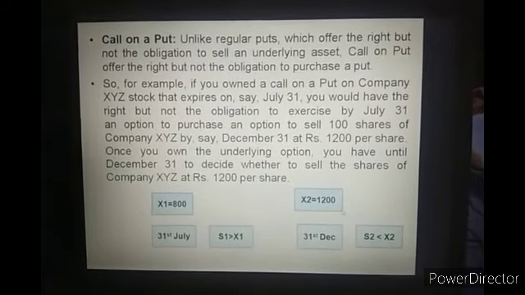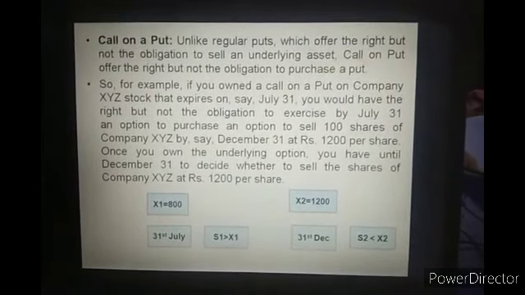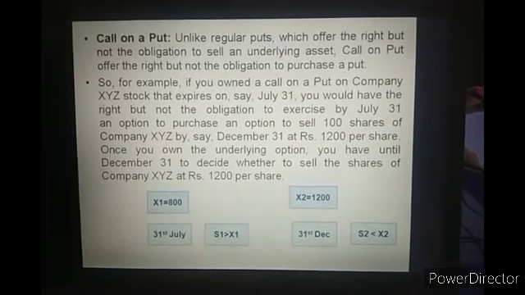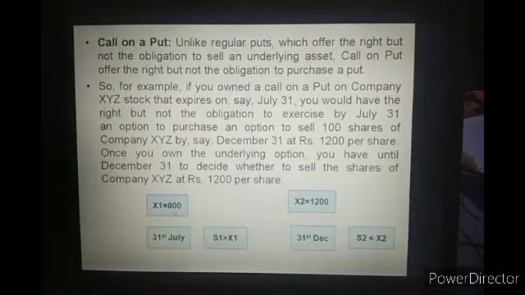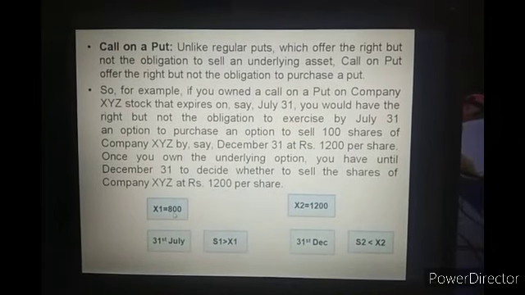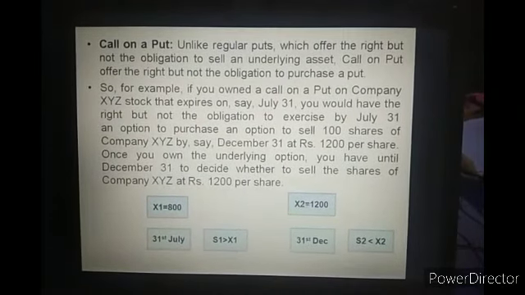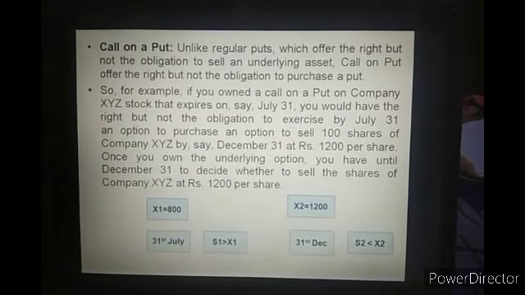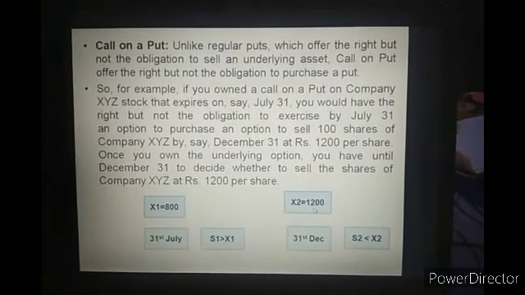Now come to the call on put. So here, when S1 is greater than X1, suppose after 6 months the price is more than 800, then you will purchase at 800, and parallelly you enter into a contract to sell at 1200. So in advance you are fixing your 400 profit.